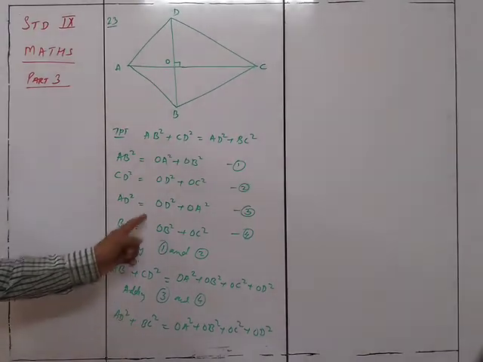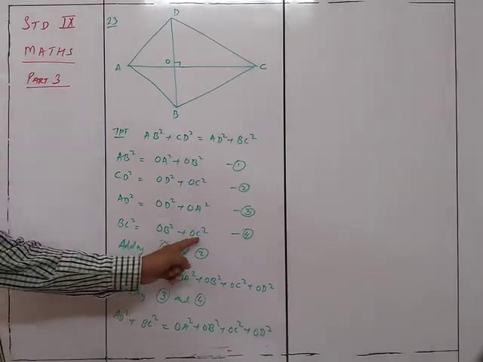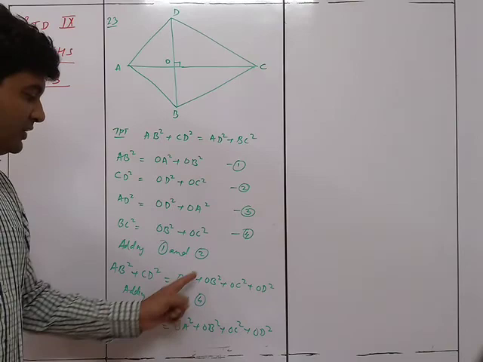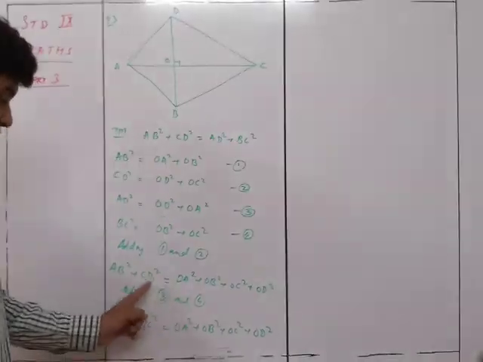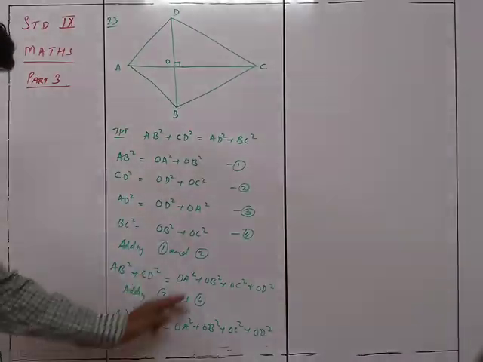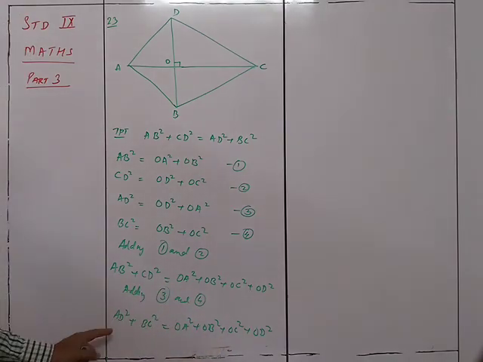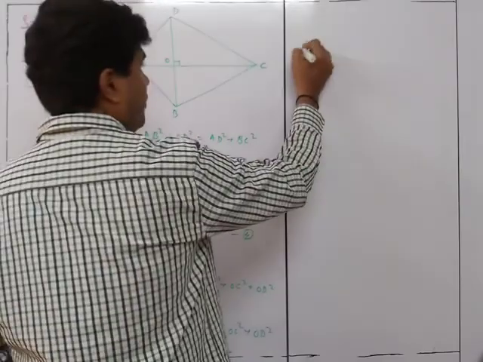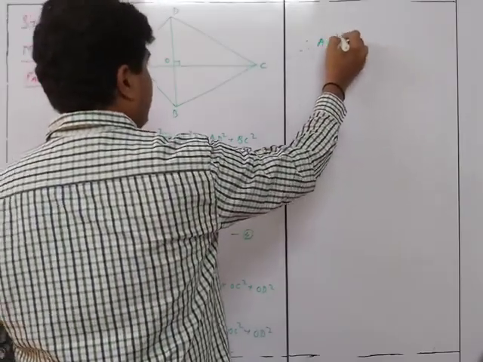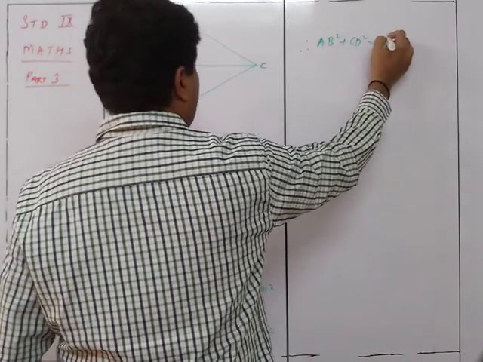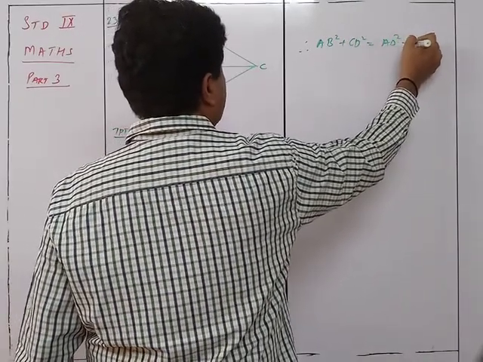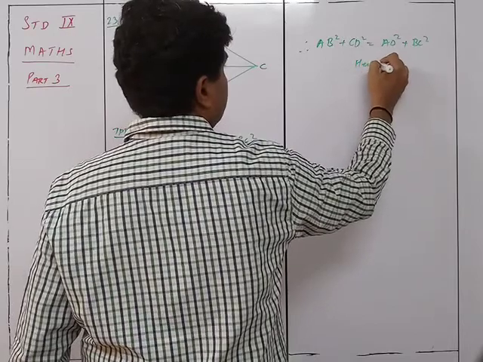I wrote it in the same manner so that there is no confusion. So you can see in both the cases the RHS is the same. So LHS automatically will be same. Therefore, AB square plus CD square is equal to AD square plus BC square, hence proved.